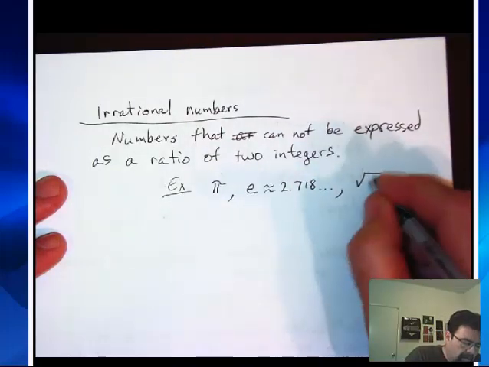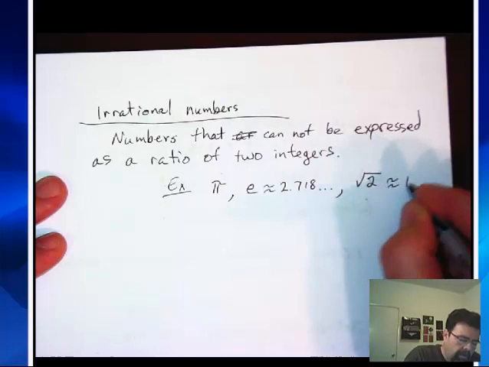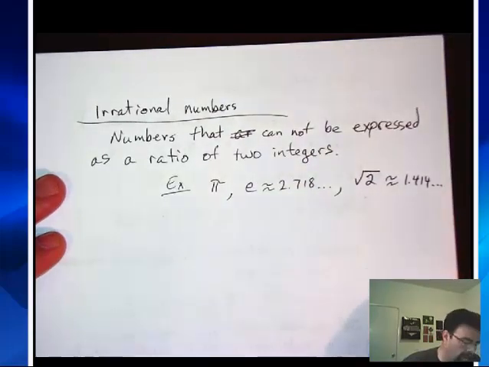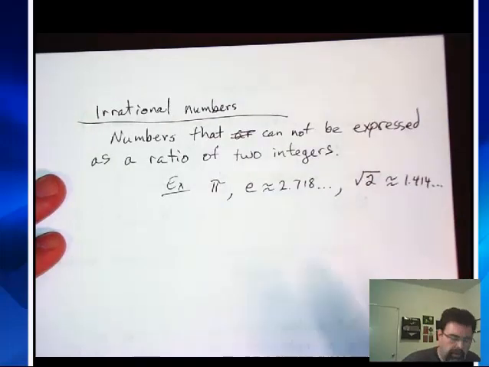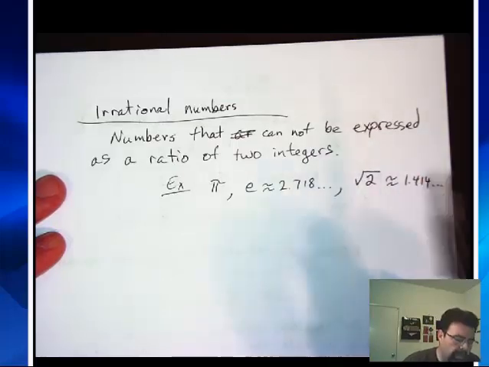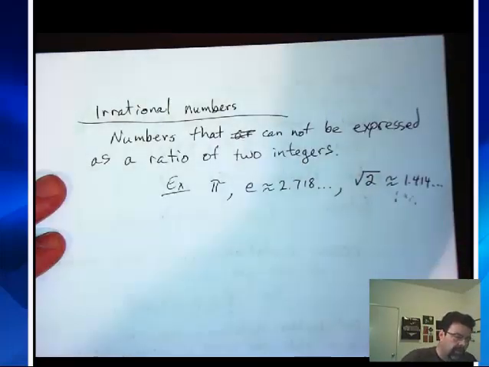Most of your square roots that do not simplify are irrational. So square root of 2, 1.414, again, goes on forever and ever. If you had square root of 9, that simplifies to 3, which would be a rational number. So square roots that do not simplify are irrational.